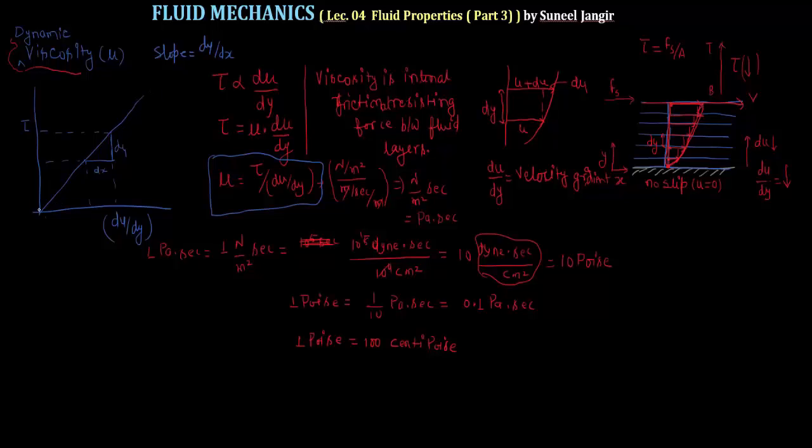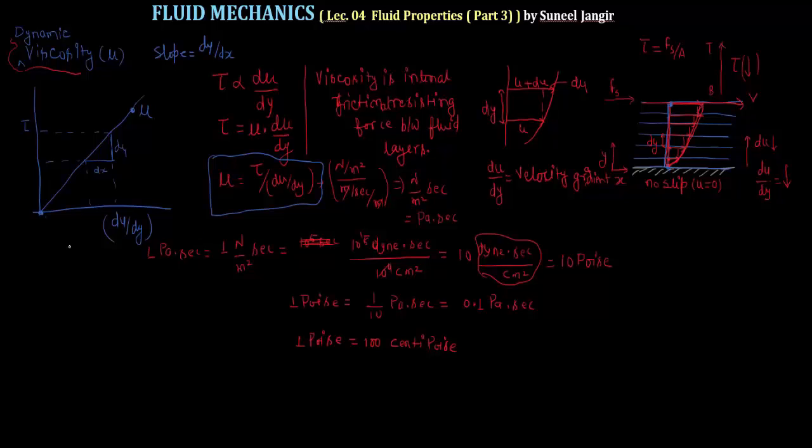So this line is representing mu. As the slope is constant, if I am moving from this point to this point, you can see at this point du upon dy is 0, so du upon dy is 0 at the top layers, and at this point du upon dy is maximum, some finite value, and du upon dy and tau are maximum at the bottommost layers.